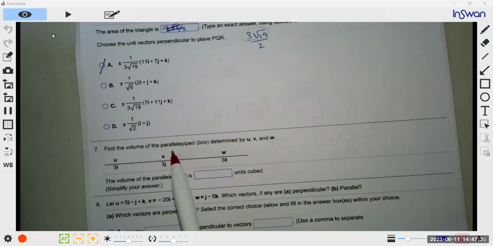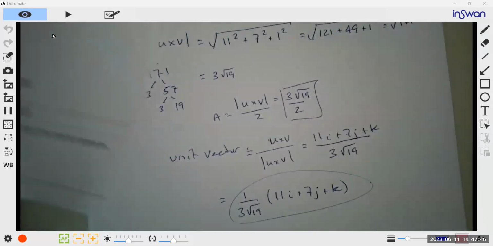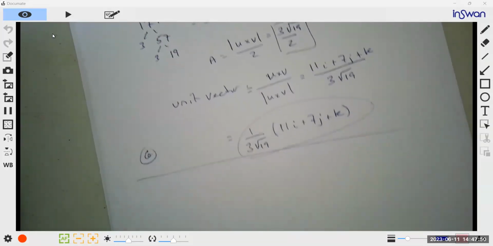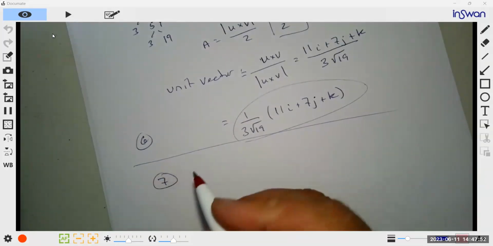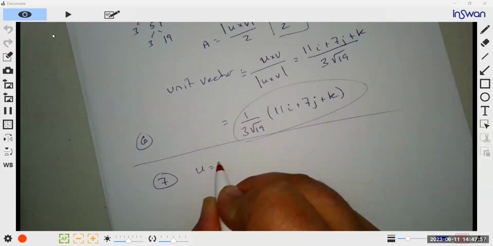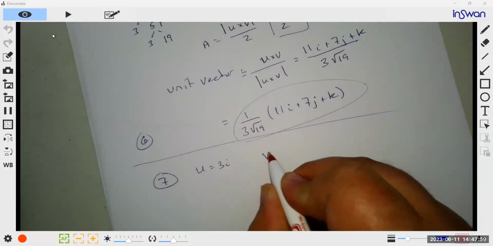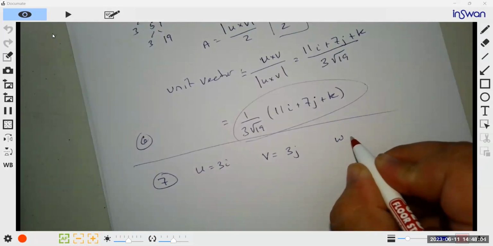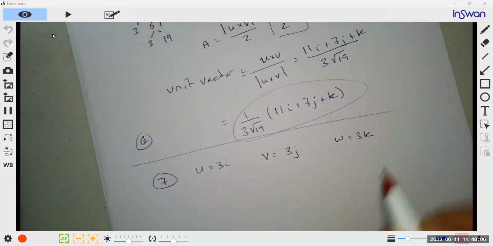Find the volume of the parallelepiped box determined by UVW. The volume of the parallelepiped is that. So what we have to do here, this is number 6. Number 7 says we have U equals 3i, V equals 3j, and W equals 3k.